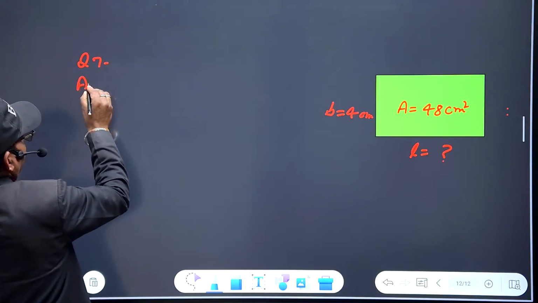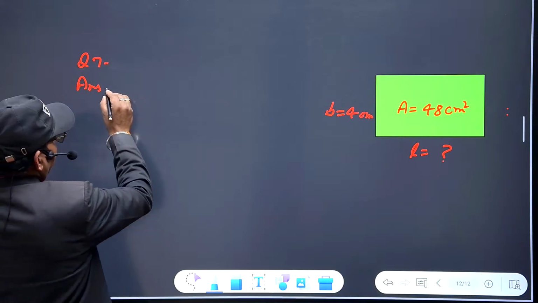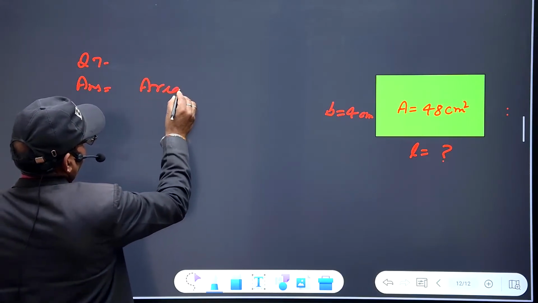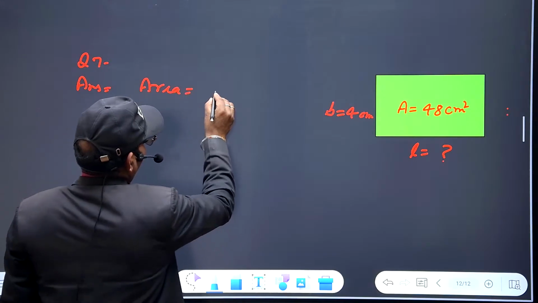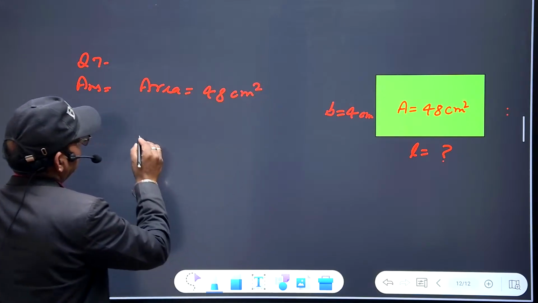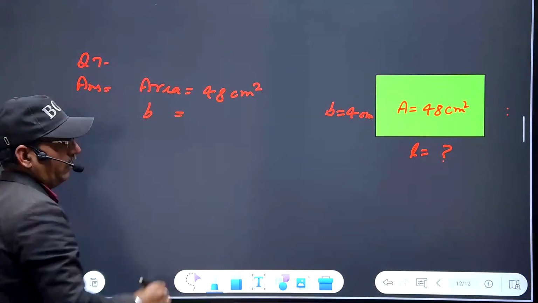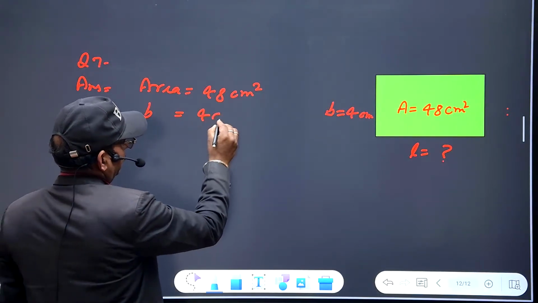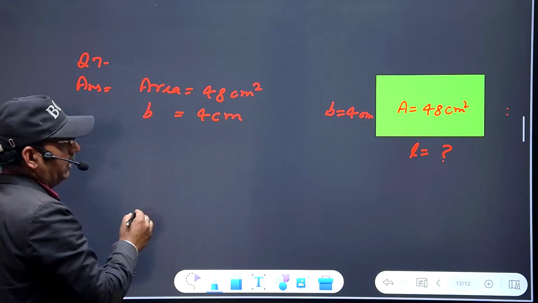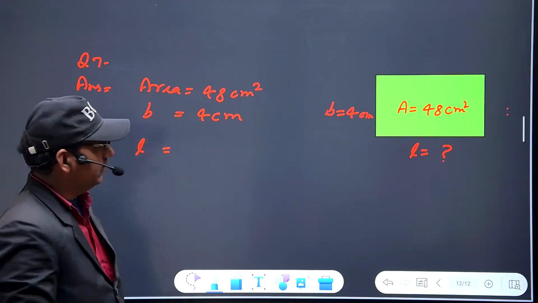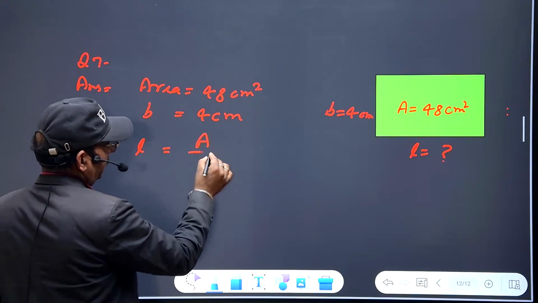So here, question number seven, answer. What is given? Area is given 48 centimeter square. Breadth is given 4 centimeter. So you will find out the length. Length is equal to area upon breadth.